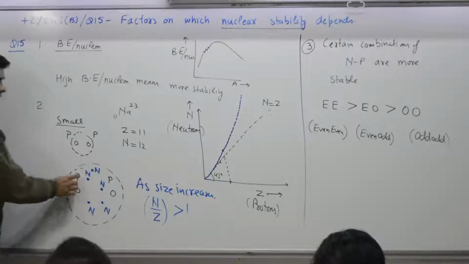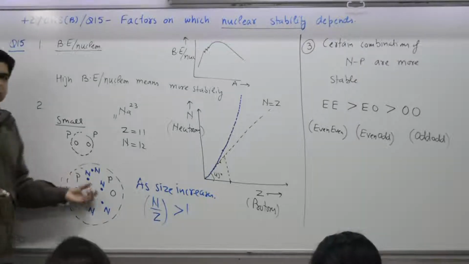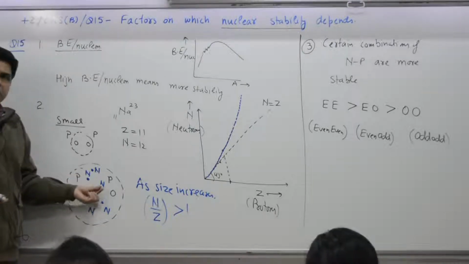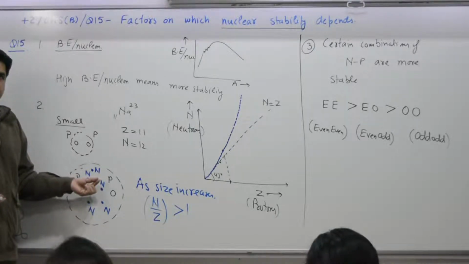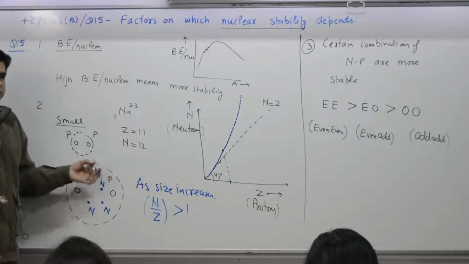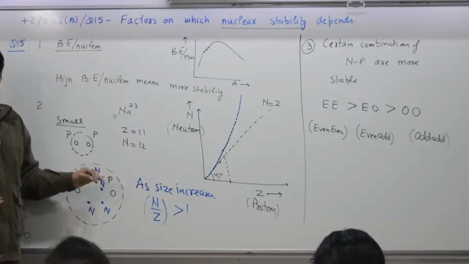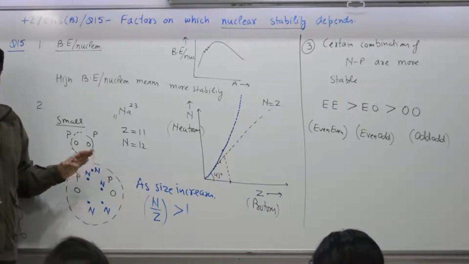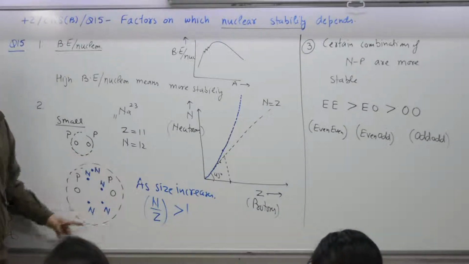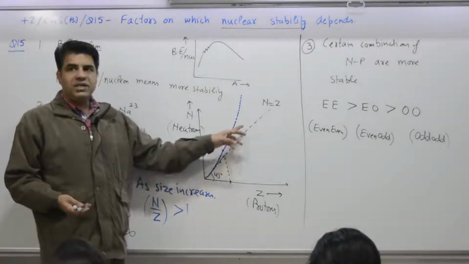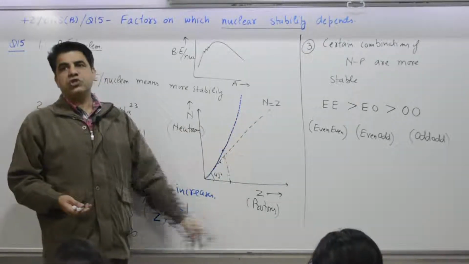So you need some basic particle which has nuclear attraction but no repulsion. That means a neutral particle, the neutron. So we need more neutrons for stability. As the size of the nuclei increases, this ratio also increases.